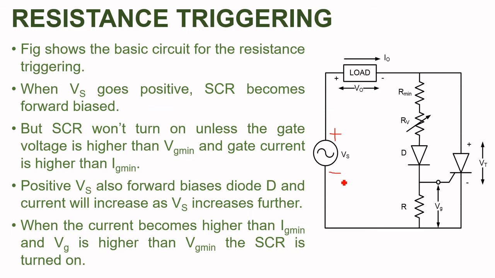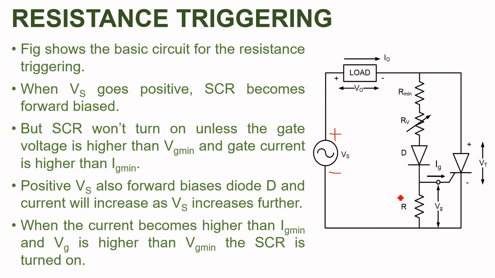Positive Vs also forward biases the diode D, and the current will start flowing through this triggering branch consisting of R minimum, RV, D and R. When the current becomes higher than the Ig minimum value and the voltage across the gate and cathode becomes higher than the Vg minimum, the SCR will be turned on.